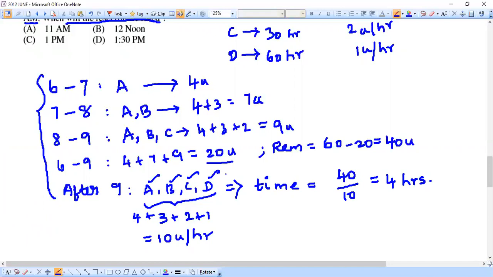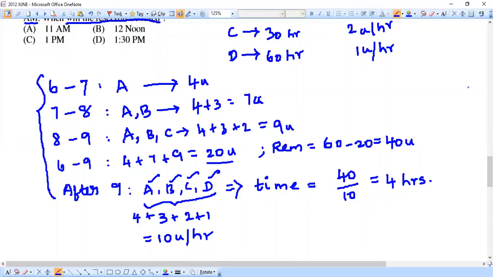So if all 4 pipes are working, in 1 hour they can fill 10 units. They work at a speed of 10 units per hour. Every 1 hour they will fill 10 units, 10 units, 10 units, like this.